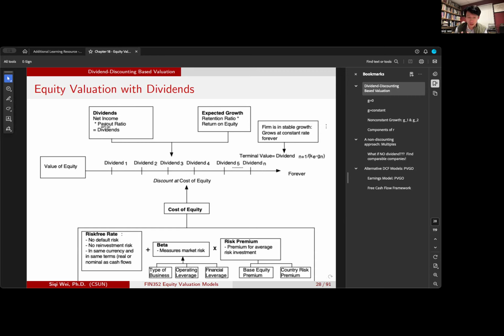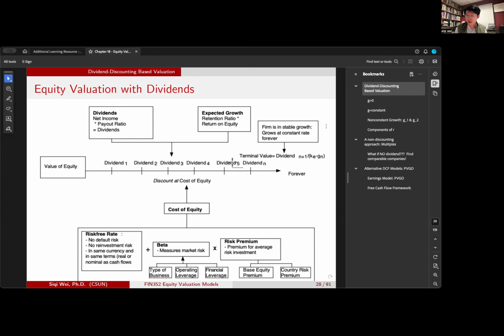In the video later on, I'm going to show you how to derive the growth rate, and that is driven by the plowback ratio or retention ratio. So the cash flow is pretty clear. You have dividend 1, dividend 2, and dividend 3 until forever.